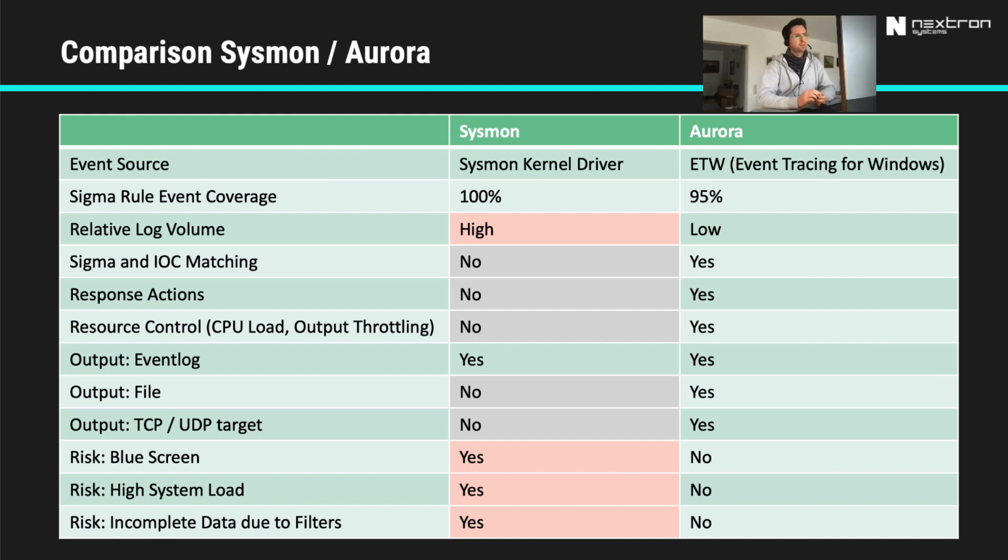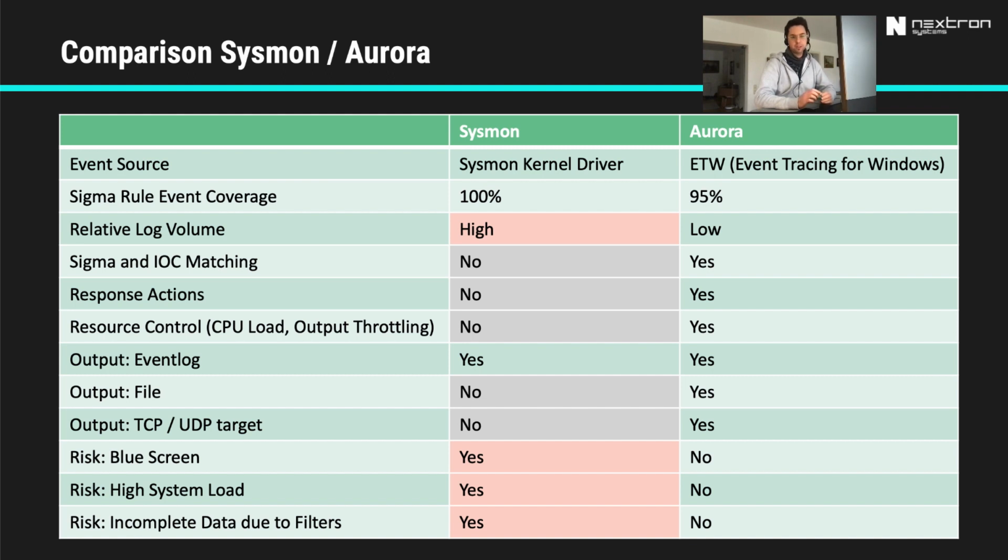The next comparison point is the Sigma rule event coverage. I had this in the original slide deck because I wanted to compare what Aurora and Sysmon are able to see, but this has changed over time. There are some things that we cannot see, like named pipe creations. These are not reported in any ETW channels.